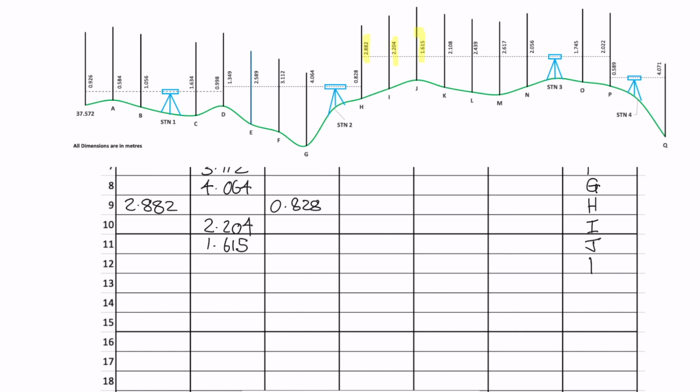Next reading, point K. Value is 2.108, again another intermediate. Next row for point L, again another intermediate reading, 2.439. Next point, point M.